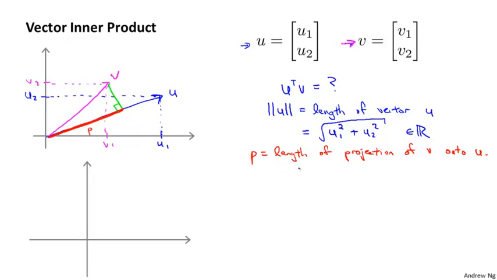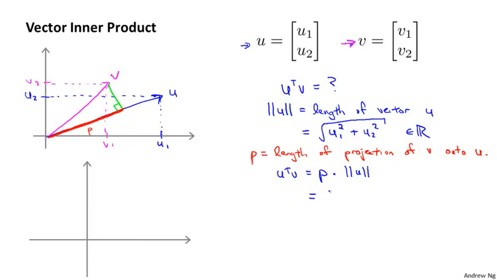And it's possible to show that the inner product u transpose v is going to be equal to p times the norm, or the length, of the vector u. So this is one way to compute the inner product. And if you actually do the geometry and figure out what p is and what the norm of u is, this should give you the same answer as the other way of computing the inner product, right?